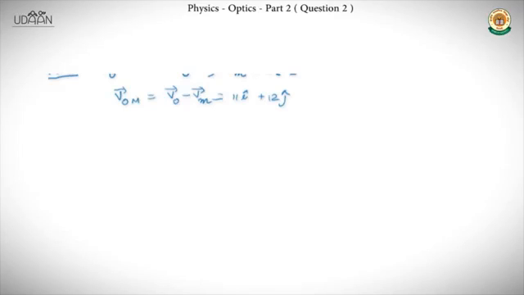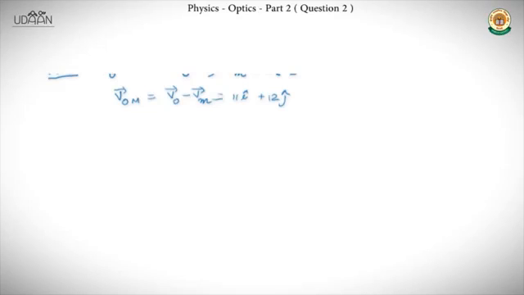As you know, we have discussed the lateral magnification in case of a concave mirror. So the lateral magnification can be related to the velocity of the image and the object along the y-axis.